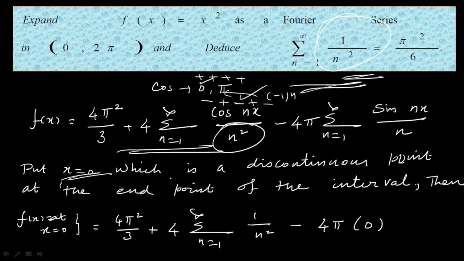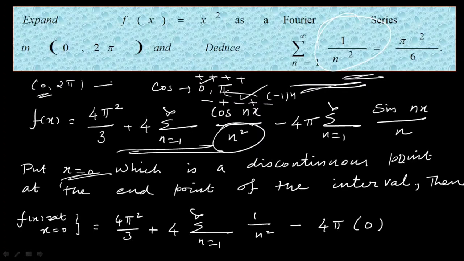So put x equal to 0. If it is x equal to 0, you can first find out whether the point is a continuous point or a discontinuous point. Here 0 is a discontinuous point, which occurs at the endpoint of the interval, isn't it?